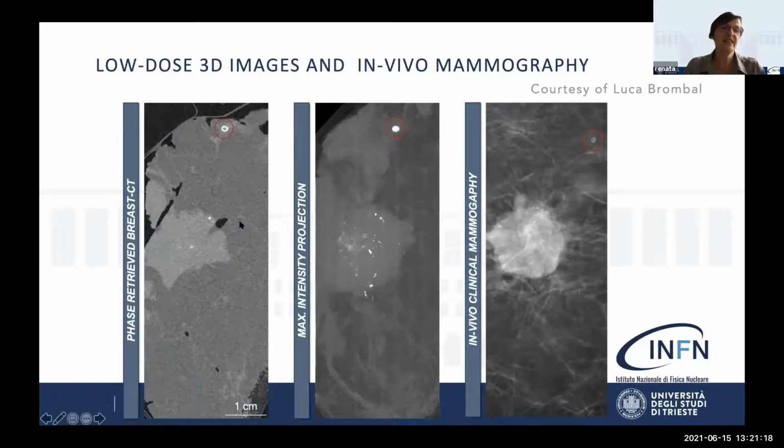This is another way to show the same results if you want. This is the in vivo clinical mammography before surgery, and this is a macrocalcification that we use as a reference point.